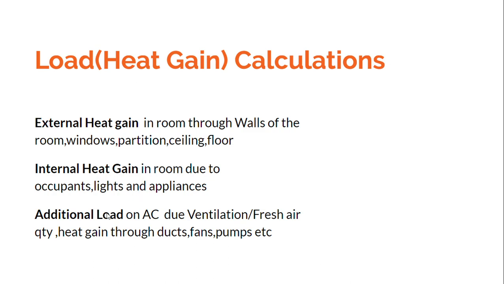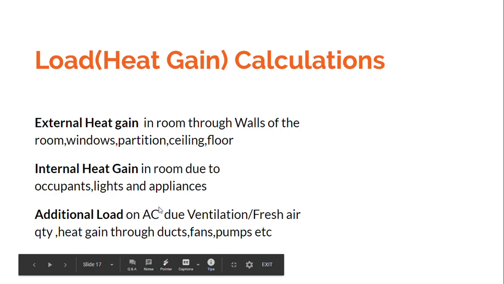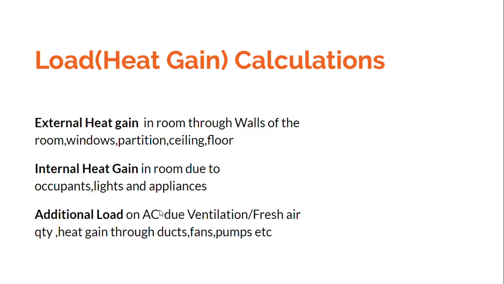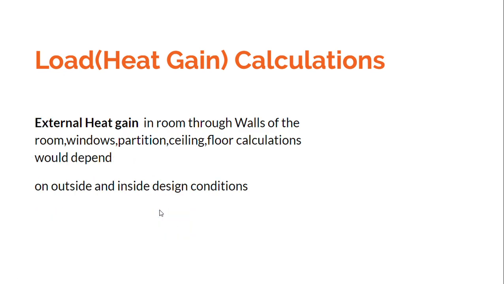Then there would be an additional load on the AC system because of the ventilation of fresh air. There is also heat gain because of the ducting system you are laying, and the heat coming from the fans and pumps in the system, which is called system heat gain. All these things need to be considered in your load calculations.